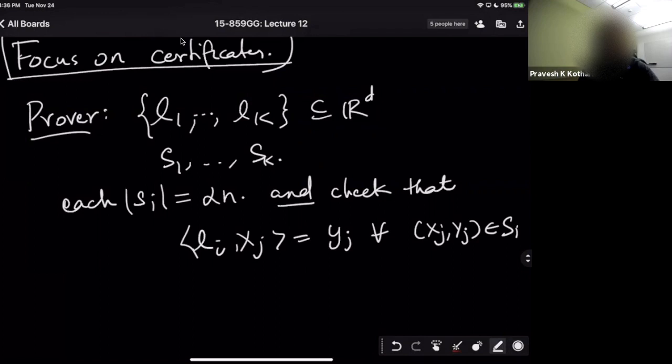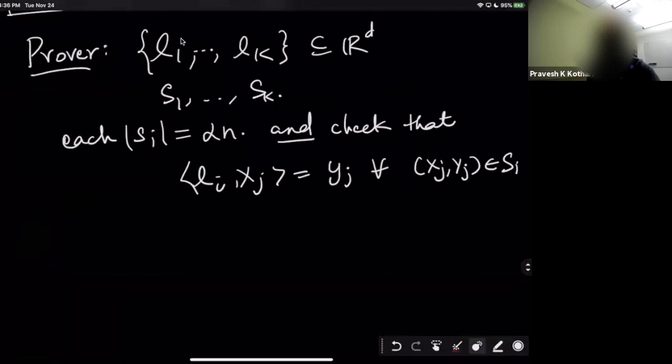But that's not what I want. Remember, my goal is not to compute a bunch of solutions to the system of equations. My goal is to compute L star. My goal is to find out what this L star was, and at least a small list that contains L star.